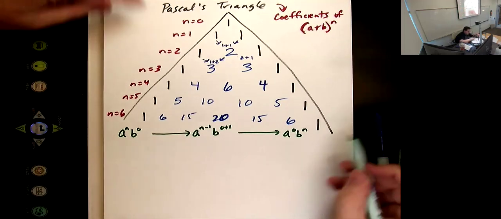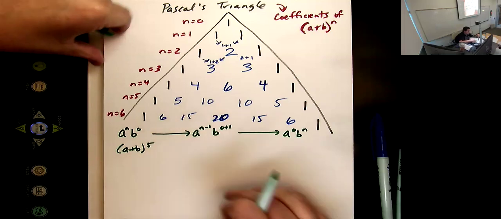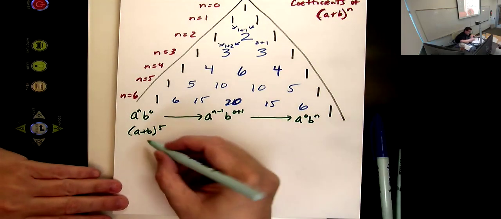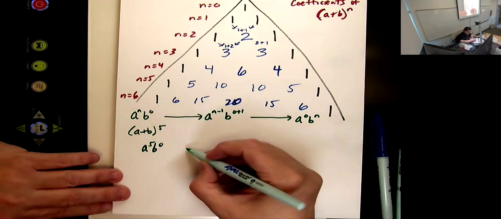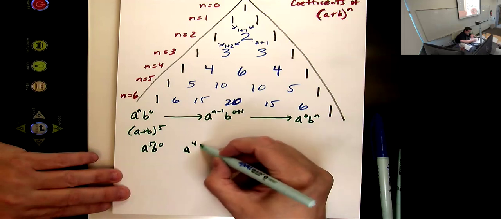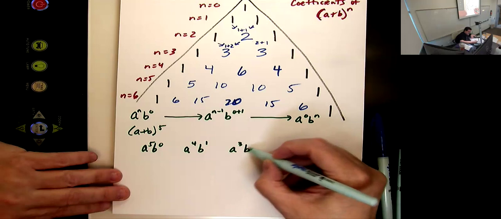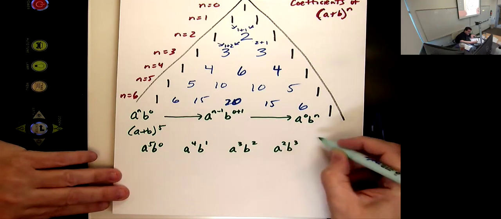So like, let's say we're doing a plus b to the 5th power. I'll just write the a's and the b's for now. We will have a to the 5th power, b to the 0. A to the 4th power, b to the 1st power. A to the 3rd power, b to the 2nd power. A to the 2nd power, b to the 3rd power.